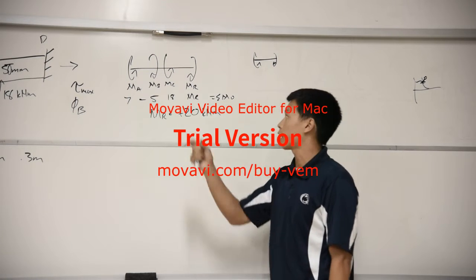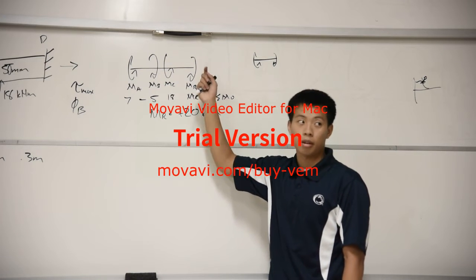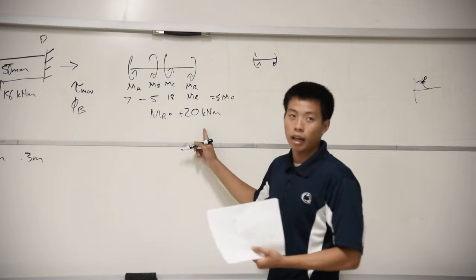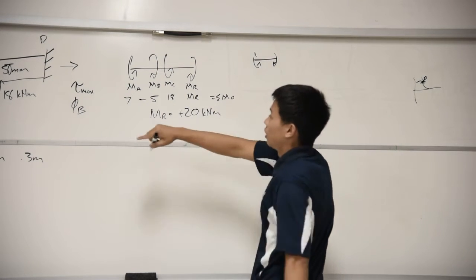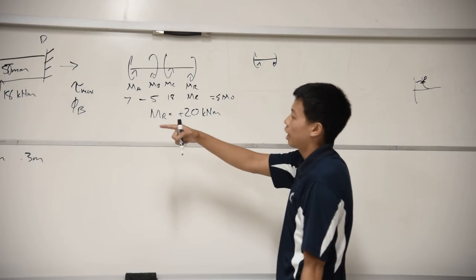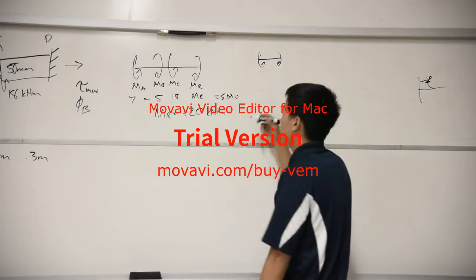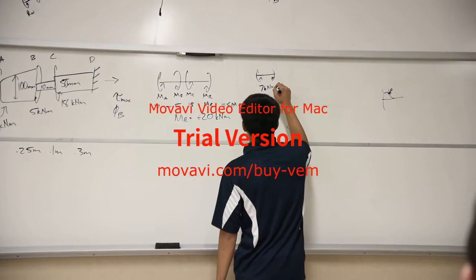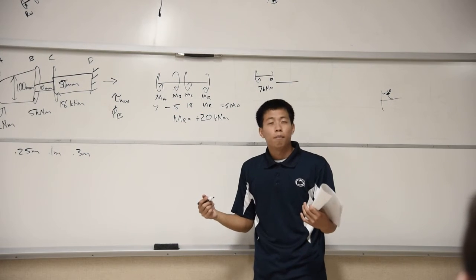But when you draw your free body diagram, you can draw this any direction you want. Right? So just remember which way it goes. You might have to put clockwise or counterclockwise. Alright. So for A to B, you got the 7 kilonewton meters, and then you have the reaction, equal and opposite. So you know the torque going through this is 7. I'm not going to write out each equation.